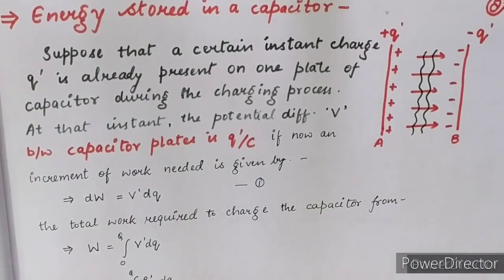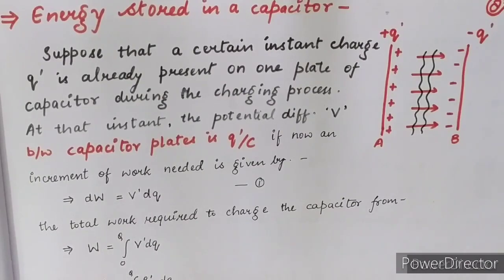Energy stored in a capacitor. As we know, a capacitor is a device in which charge is stored. For storing the charge, we have to do some work, and that work is converted into the form of energy.